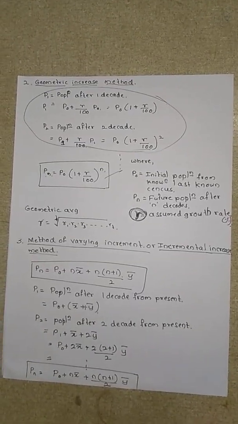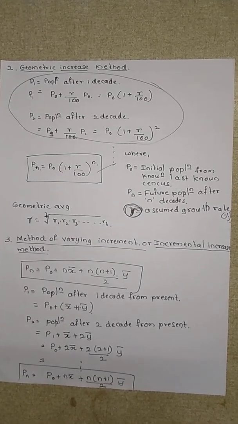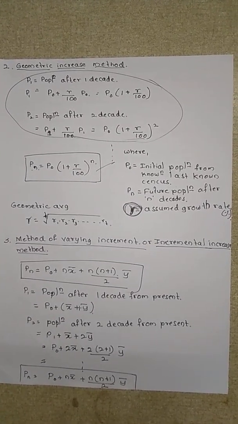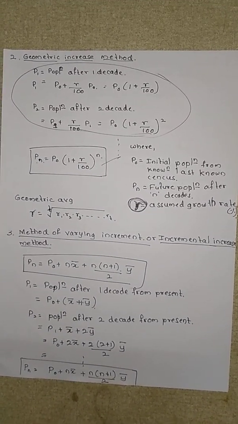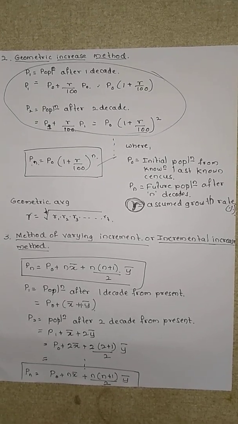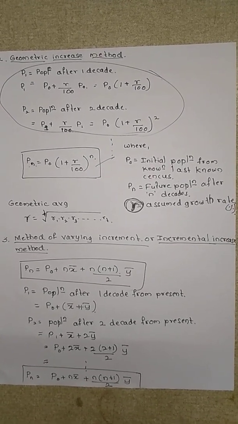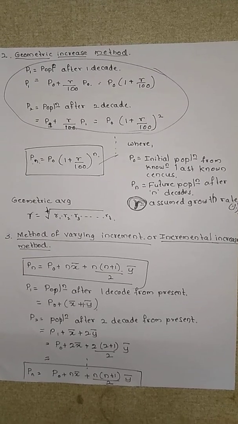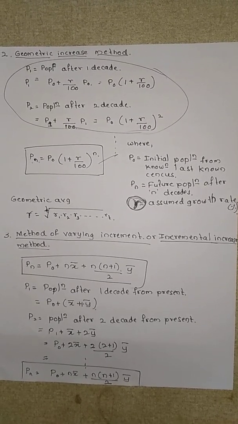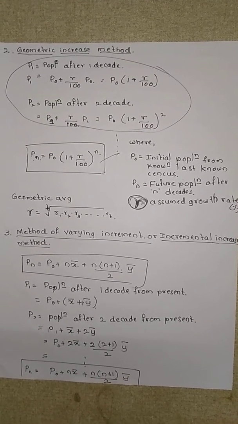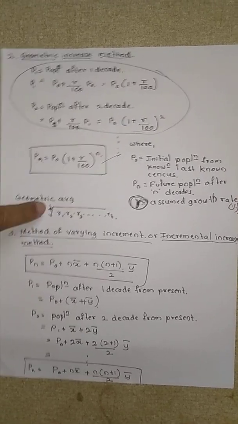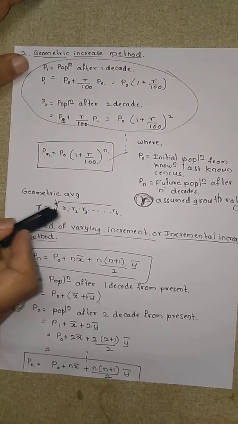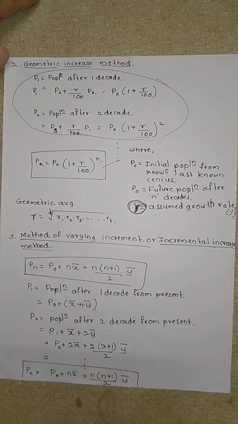Suppose I give you 1970 to 2000. How many decades are there? It is 70 to 80, 1 decade, 80 to 90, 2 decades, and 90 to 2000, 3 decades. You will get more knowledge about this T when you solve the problem.